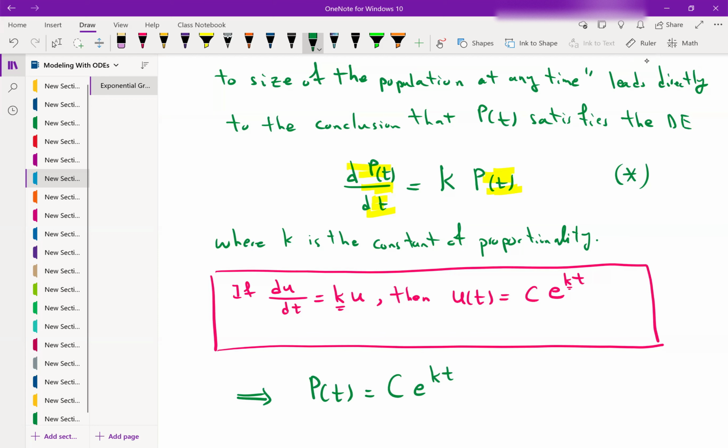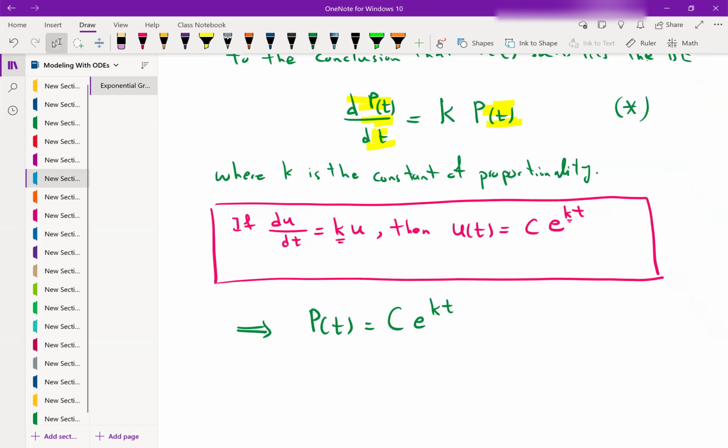I will determine what K should be based on the information given to us in the statement of the problem. Now, before focusing on the problem at hand, let me make a number of observations about this ODE model and its solution, and then I will do the job, okay?